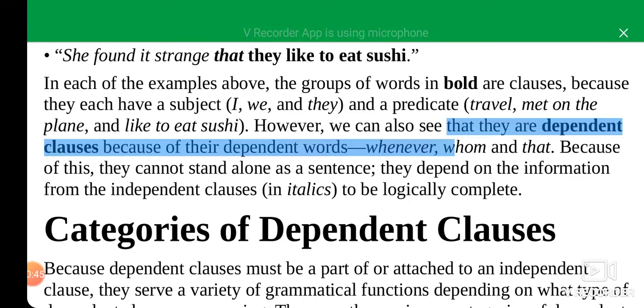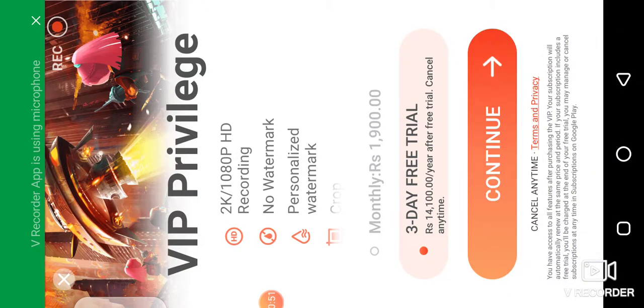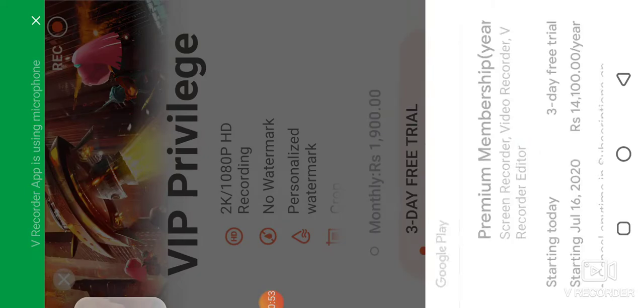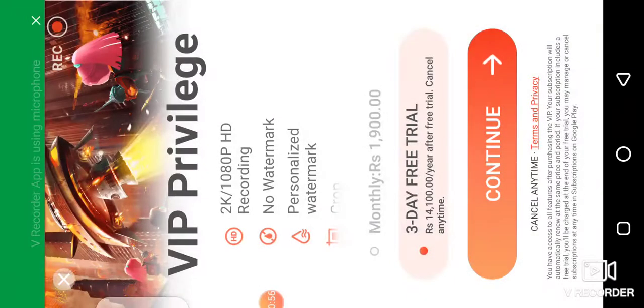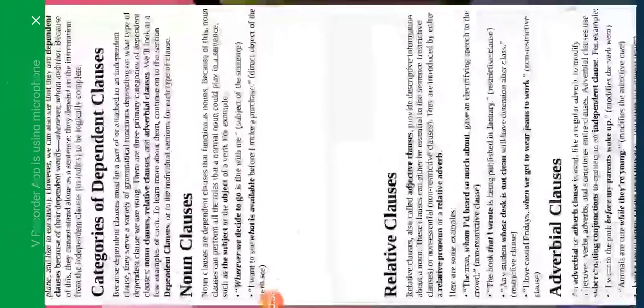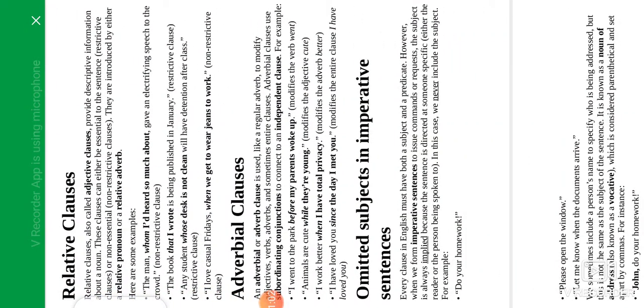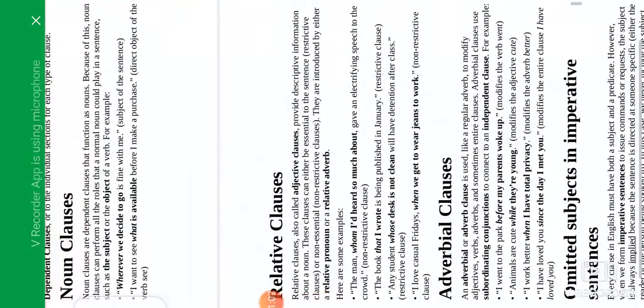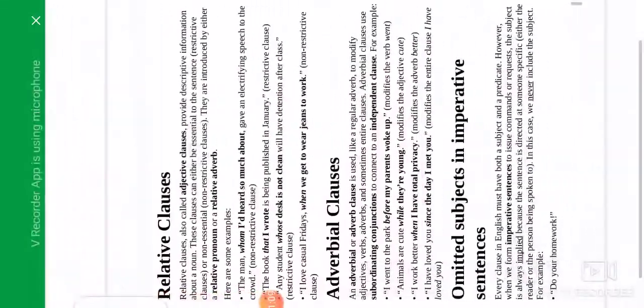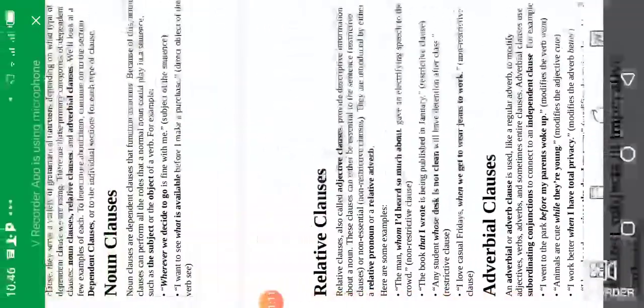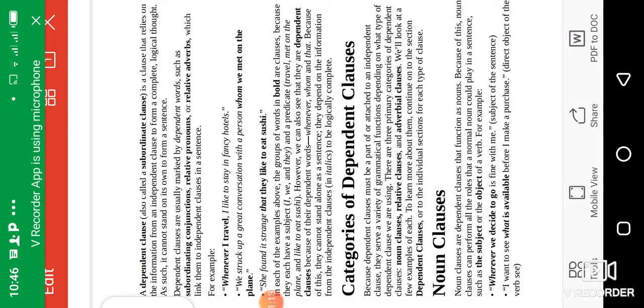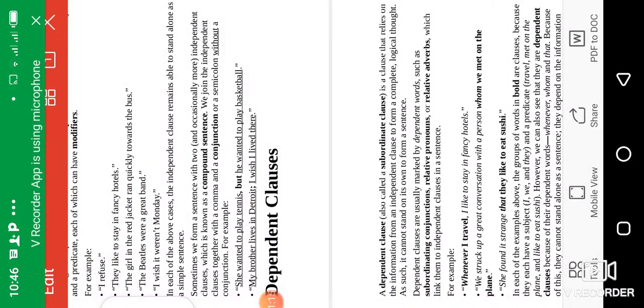For further understanding of the clauses, we shall study the types of the clauses, but I limit this class up to this, and in the next class we shall discuss the types of the clauses: adverbial clause, noun clause, and other types of clauses, adjective clause.